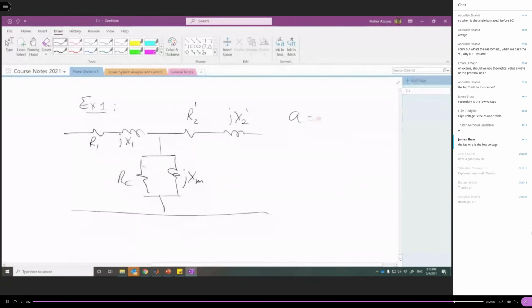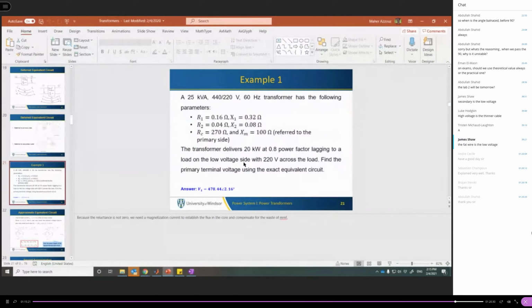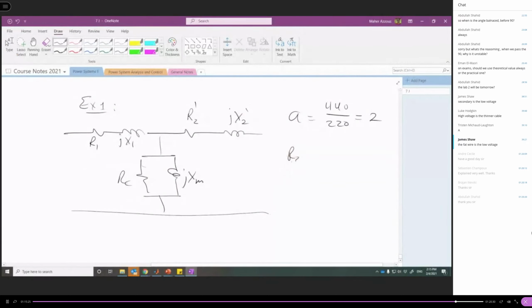The turns ratio A is 440 divided by 220, which is 2. R2 dash and X2 dash: R2 dash is equal to R2 times A squared, and X2 dash is X2 times A squared. This is how we get these two. Here, this is V1, and this voltage here should be V2 dash.